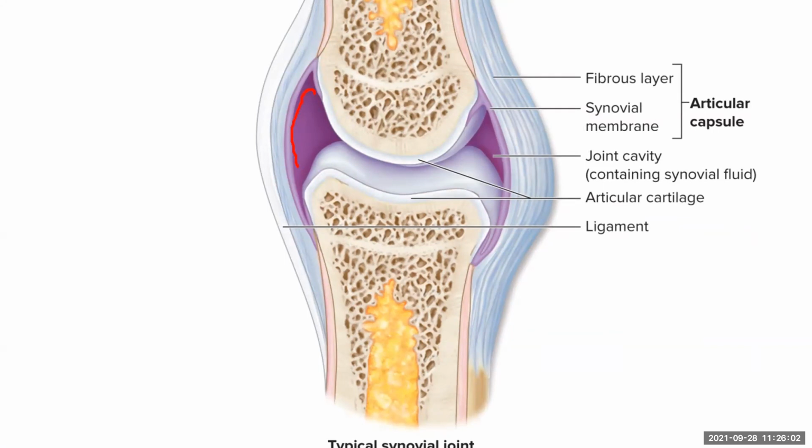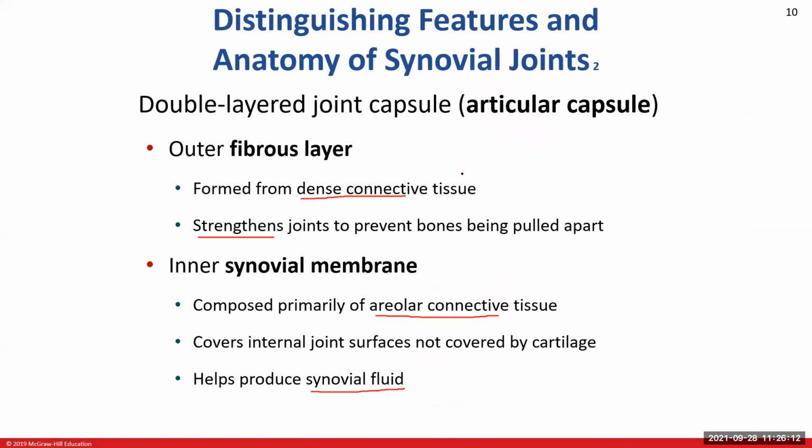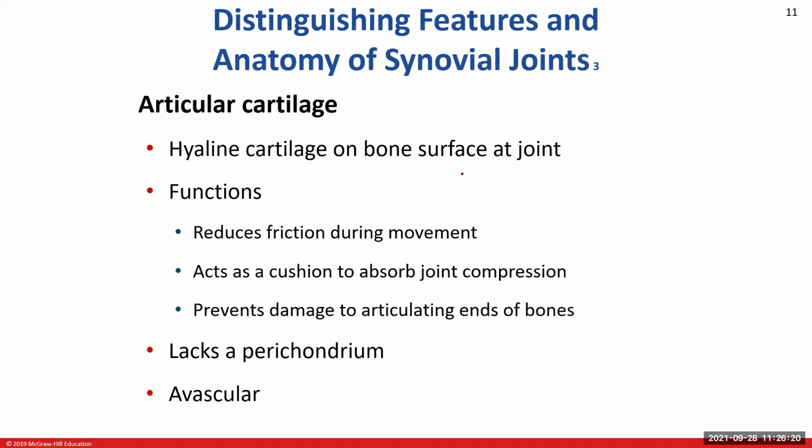It would be very bad to have synovial membrane in areas where the bones are moving on top of one another, because you could damage that tissue. So it makes sense not to have any synovial membrane where there is going to be articular cartilage. You don't have to be a scientist to know that.